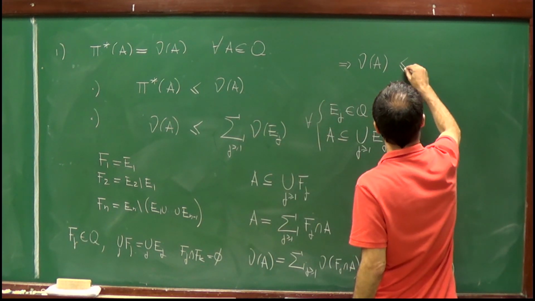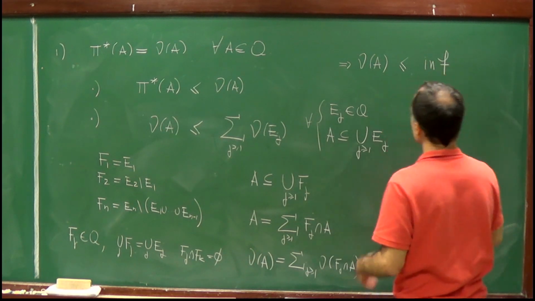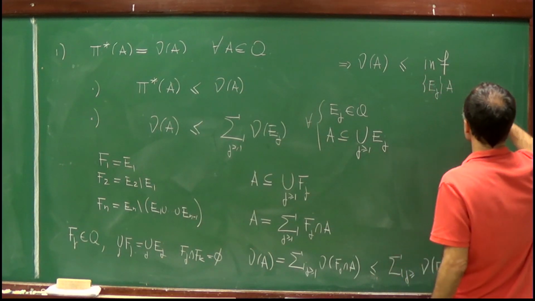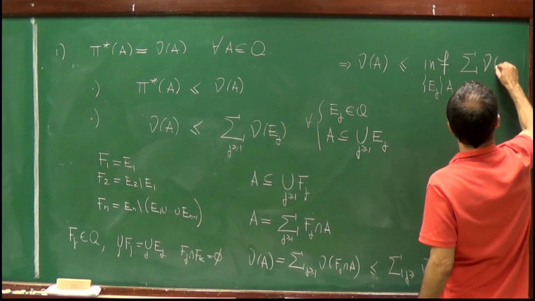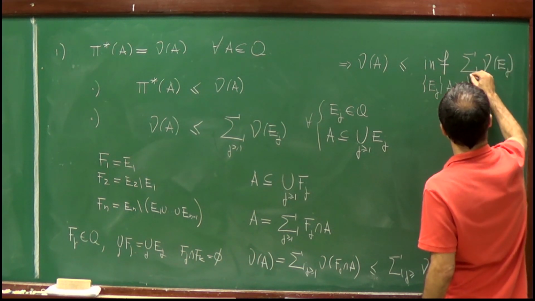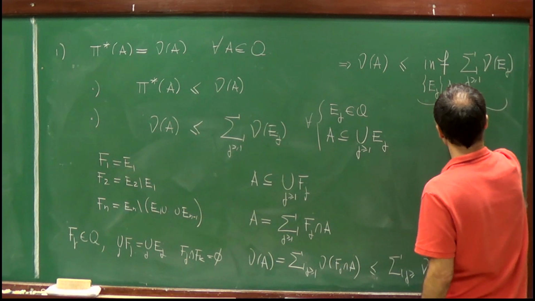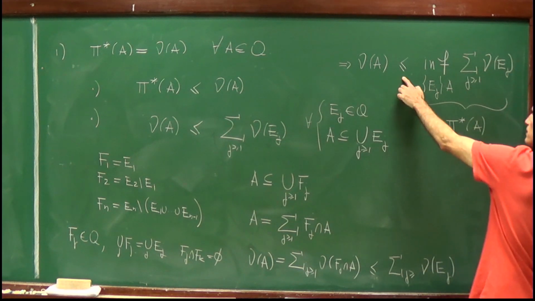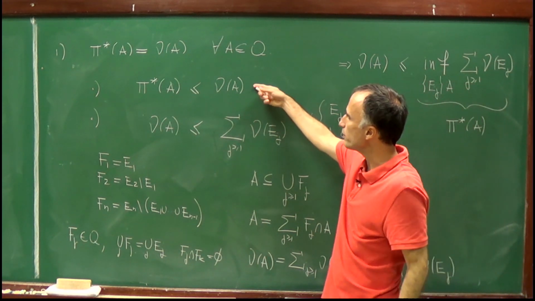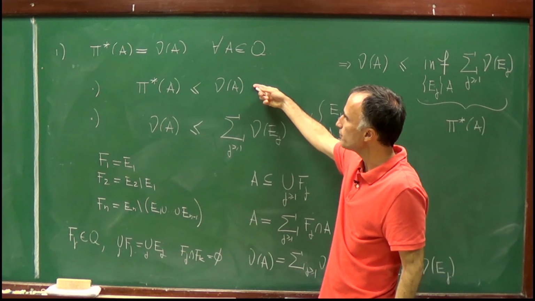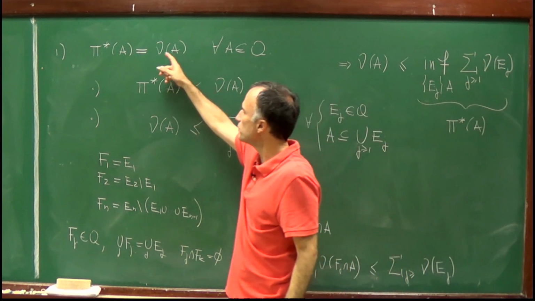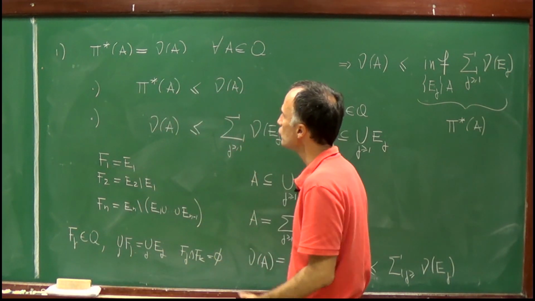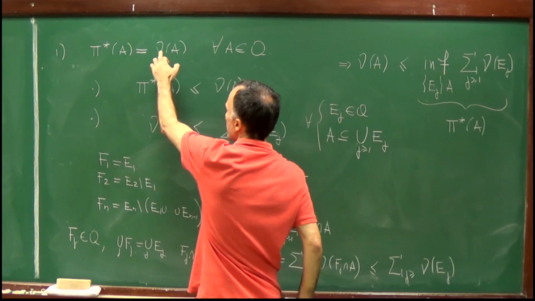This implies that nu of A is less than or equal to the infimum, over all coverings of the set A, of the sum of nu of Ej, but this is by definition P star of A. So we have proved that nu of A is less than or equal to P star of A, which together with the first assertion we proved gives you the identity. So indeed, P star is an extension of nu. P star restricted to the algebra is exactly equal to nu.